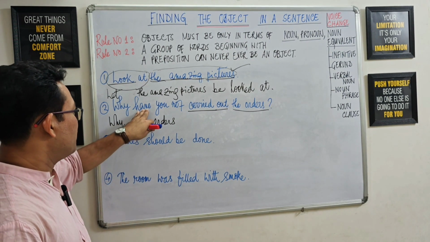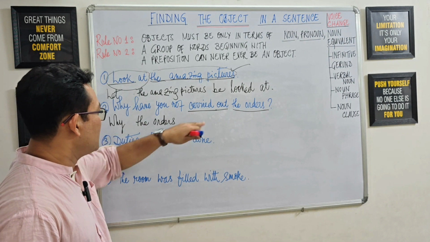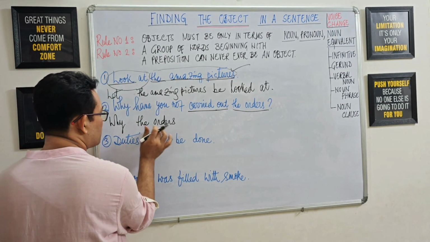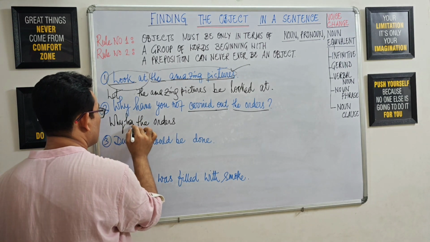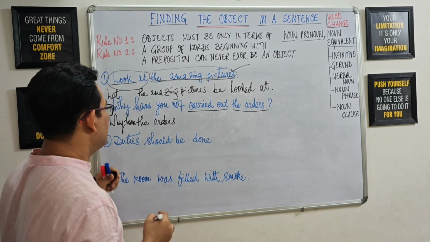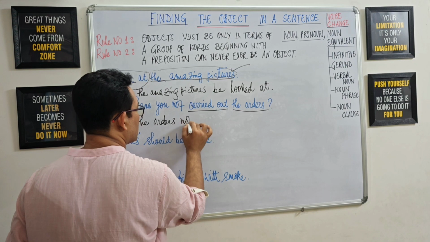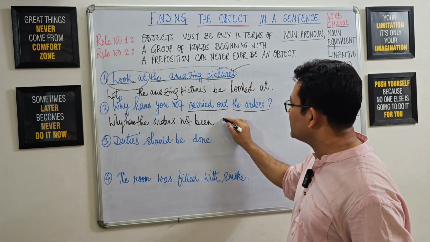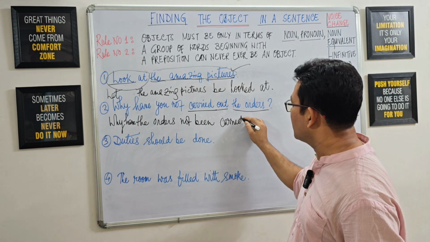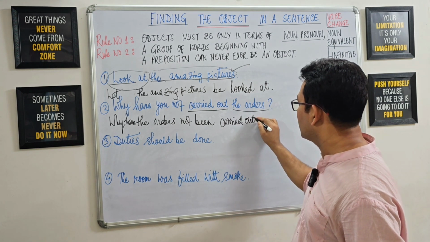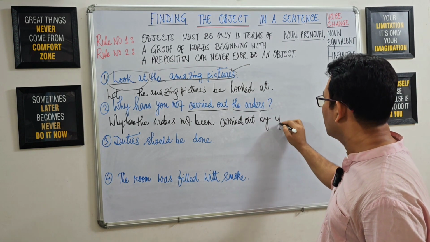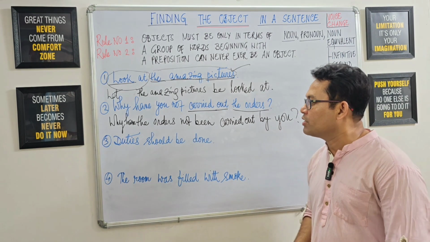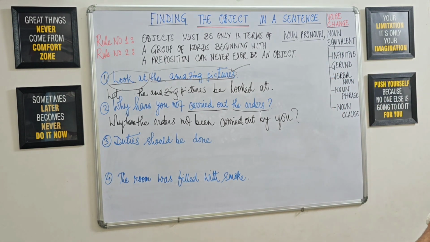Okay, and we see that we have carried out. So the passive version will be have been or has been. The orders is plural, so have will be retained. Why have the orders not, then been, then the past participle just as it is. Okay, so the passive version is why have the orders not been carried out by you.